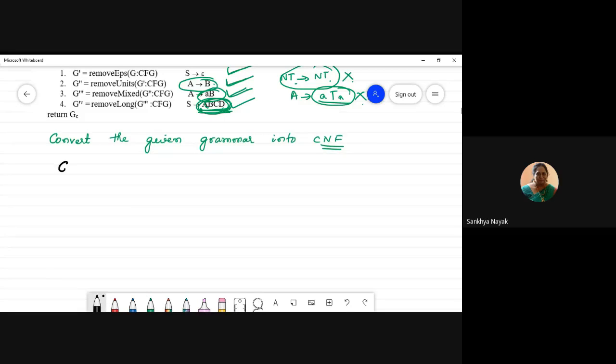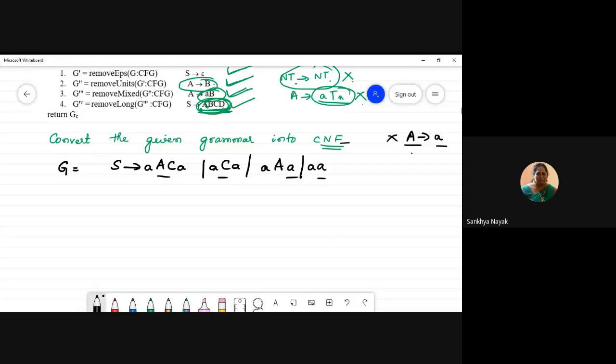Let us say the given grammar G is: S derives AACA, ACA, AAA and AA. Is any one of them in CNF? No. Why? CNF will be like this: a non-terminal giving rise to a terminal, or a non-terminal giving rise to two non-terminals. None of them are like that.